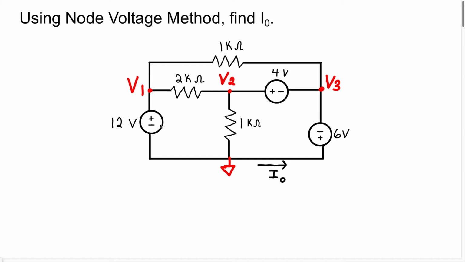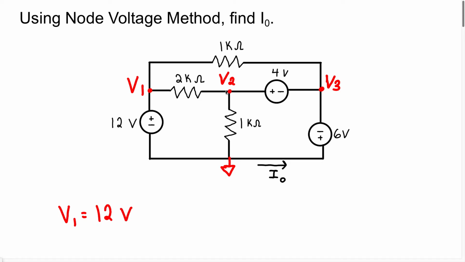So because this branch has a single voltage source, we know the value of that voltage source is going to be the value of the voltage at node 1. And due to the polarity of this voltage source, this is going to be a positive voltage. So we don't even have to write a node voltage equation due to this voltage source. Therefore, we can say V1 equals positive 12 volts.